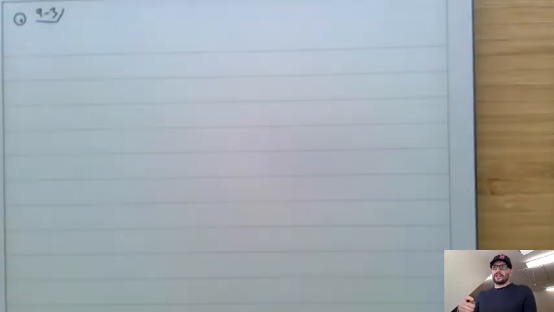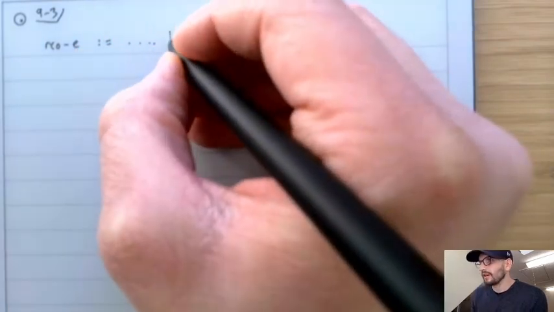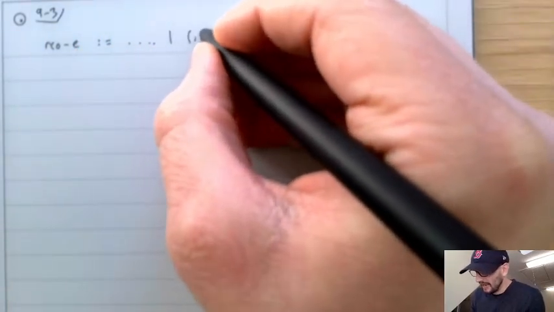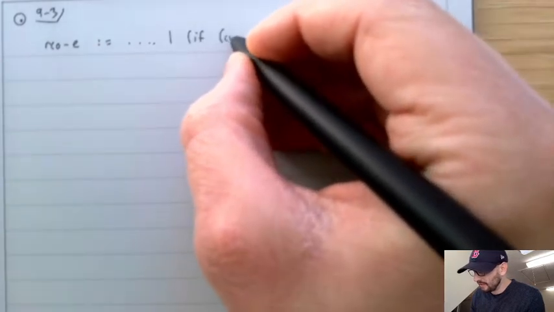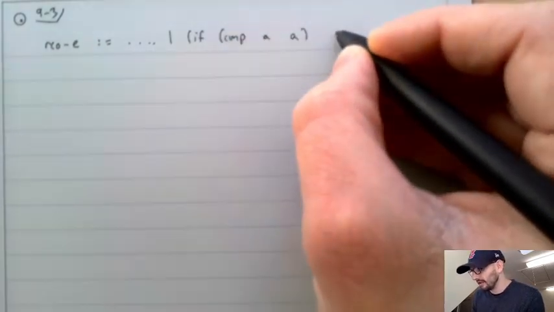Basically, remember, RCO has arguments, complex statements, and expressions. So here's the way we're going to do that. We're going to say that an RCO expression is going to be what it was before, except that it could also have an if statement with a comparison between an arg, and 2 e's.